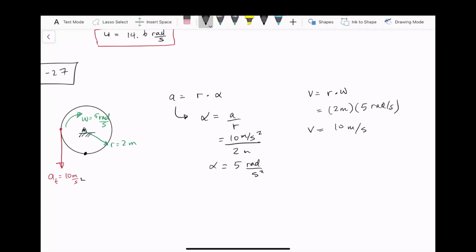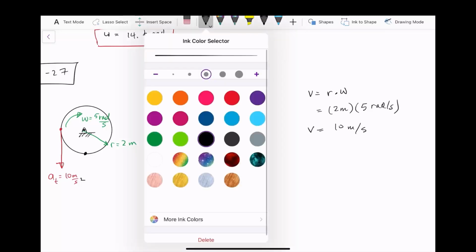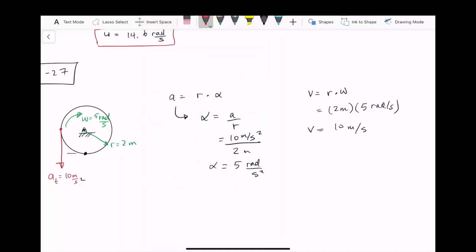Now, with that, what I want you to also see and be able to draw is in which direction velocity is acting. It depends on where I take my point. Since I'm taking my point right at the bottom, directly below the rotation point, then that velocity would be acting in this direction.